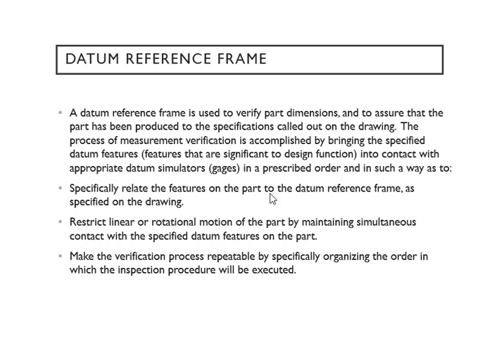So for the measurement verification process, you bring in the datum features, and then you put them in contact with your appropriate datum simulator. Whatever you do on your drawing, like the one that we just showed, outside in the physical world, you're putting the gauge right on the datum feature. Physically it is this; virtually or theoretically, we put it on the drawing.